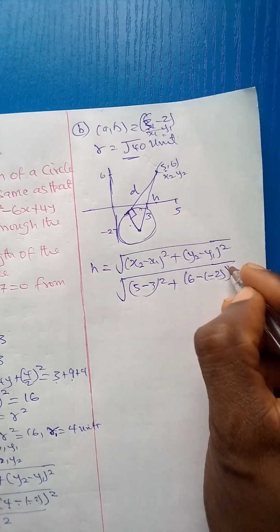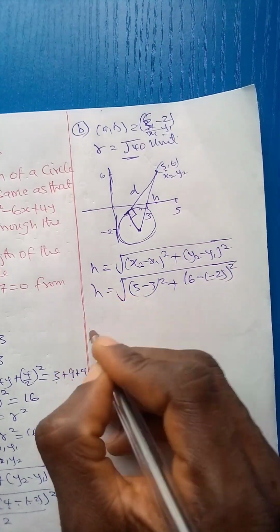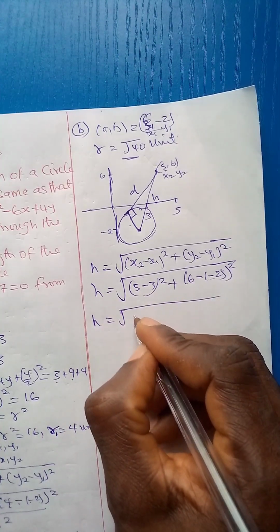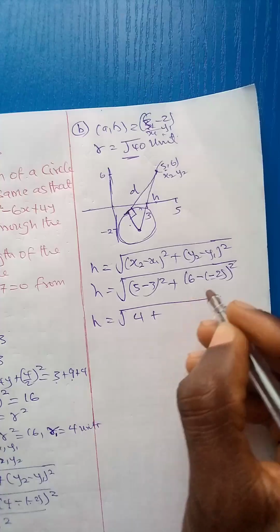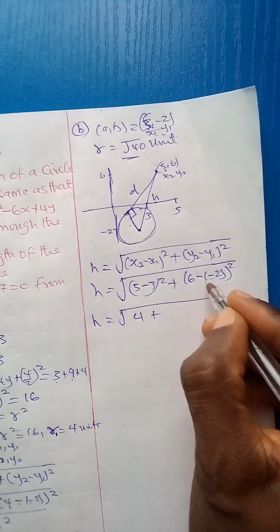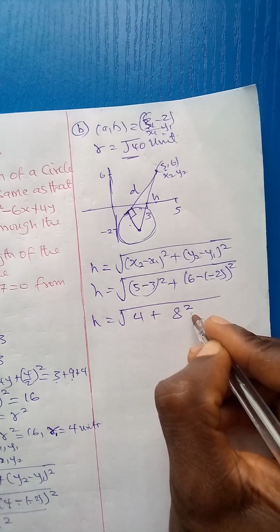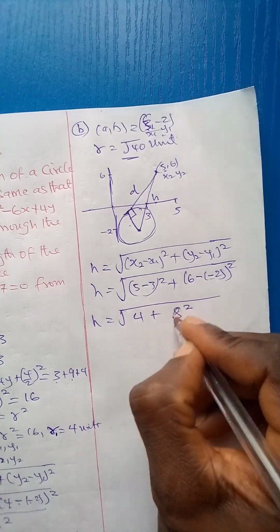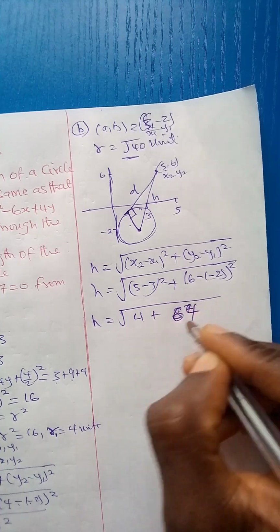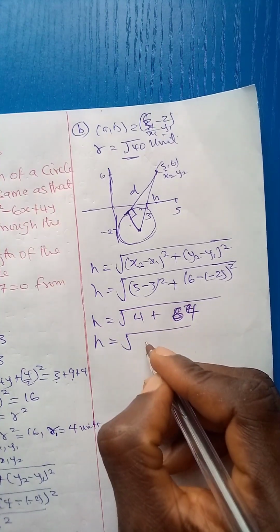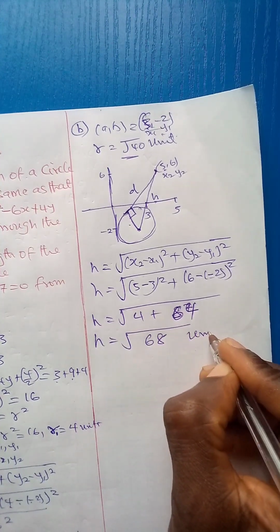That's minus minus 2 rather, then we'll square it. So h will now be 5 minus 3 is 2, and 2 squared is 4, plus 6 minus minus 2 is 6 plus 2, giving us 8. And 8 squared is 64. Please, let's put 64 here. So h squared equals 64 plus 4, giving us 68 units.